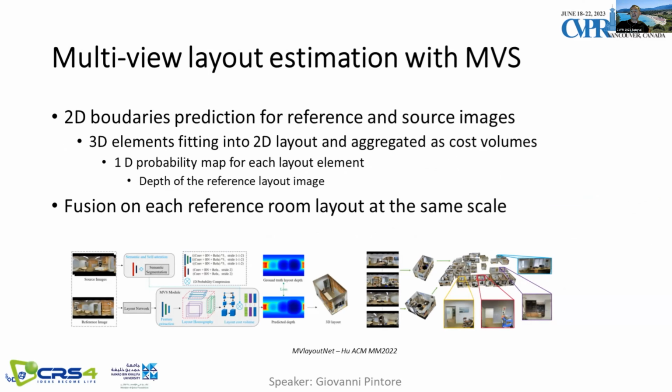Technically, they build a layout cost volume from layout homography, compressing the volume into a one-dimensional probability map and regressing a single depth value for each layout element. So they adopt a kind of one-dimensional depth encoding. As a result, the final 3D layout is estimated by minimizing the cost volume and eventually aggregating with other nearby rooms.